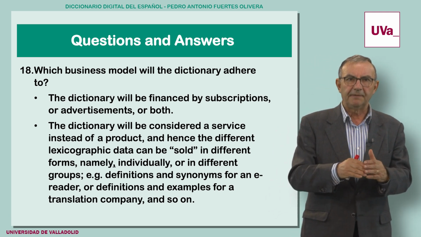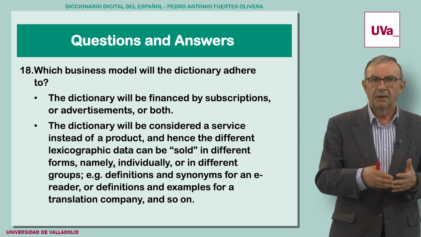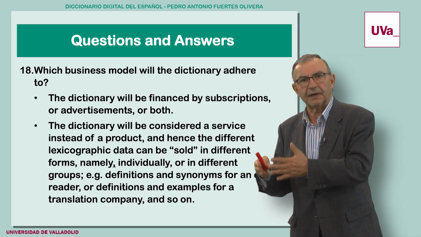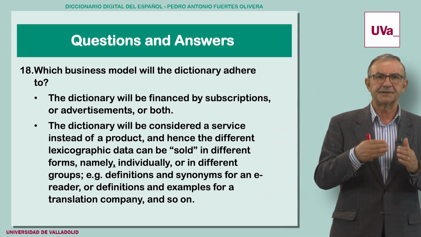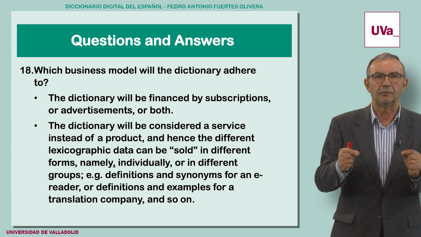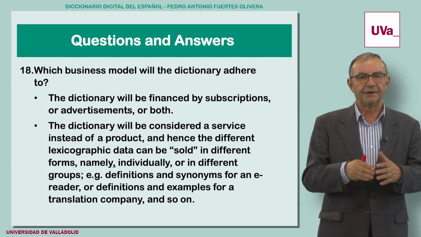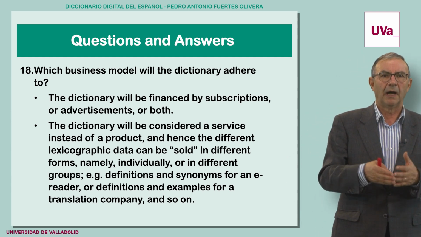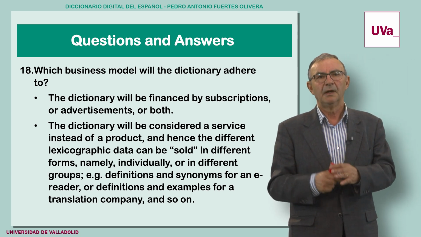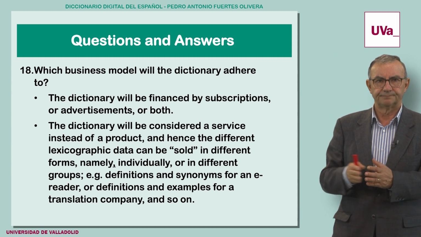The dictionary will be financed by subscription or advertisements, or both. The dictionary will be considered a service instead of a product, and hence the different lexicographic data can be sold in different forms, for example individually or in different groups, for example definitions and synonyms for an e-reader, and definitions and examples for a translation company, and so on.